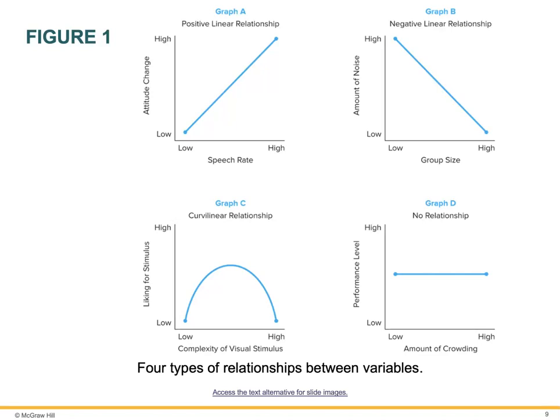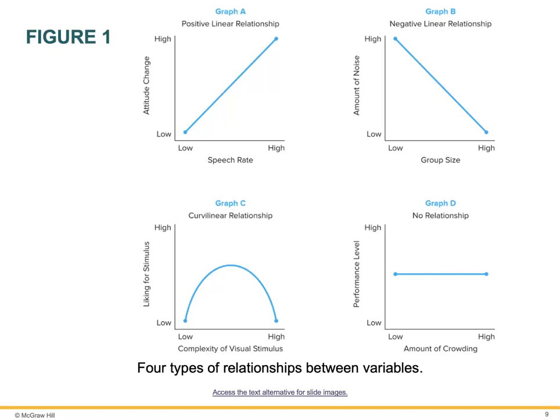In a graph like this, we see a horizontal and vertical axis termed the x-axis and the y-axis, respectively. Values of the first variable are placed on the horizontal axis, labeled from low to high, and values on the second variable are placed on the vertical axis. Graph A shows that higher speech rates are associated with greater amounts of attitude change.